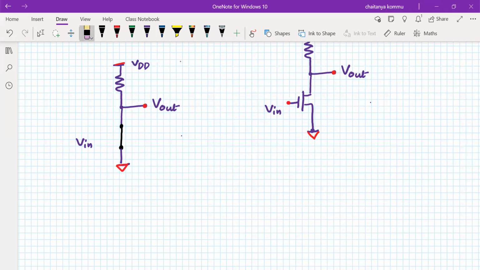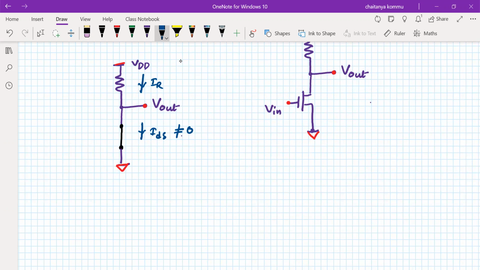Now what will happen here? Here the current flowing is IR. Here the current flowing is IDS. Is IDS 0 in this case? No, it is not equal to 0. As we know, when the transistor is on, a finite amount of current will flow.